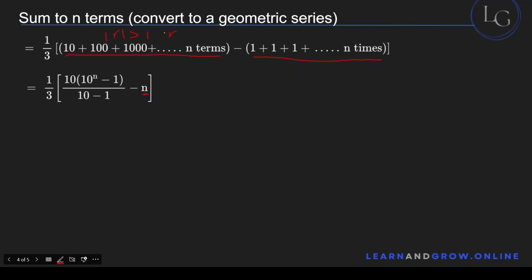The absolute value of r here is 10. So we'll apply that formula here, and once you've done that, this is what you'll get. This is what we had to find: a formula to find the sum to n terms of the original series given to us.